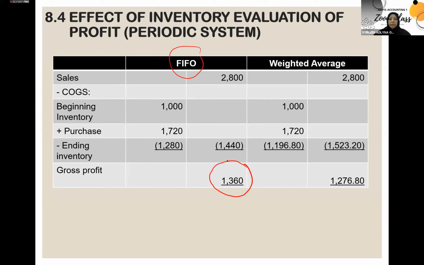Kalau you guna FIFO, awak punya gross ialah 1360. Tetapi kalau you nampak dekat sini, your COGS ialah 1440. Okay, berbeza kalau kita guna weighted average. Okay, your COGS is slightly higher.